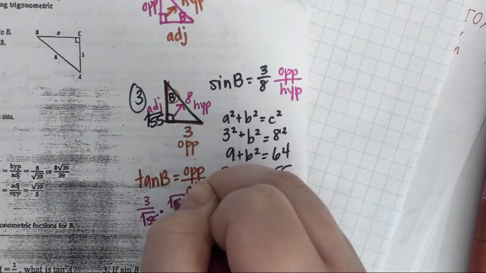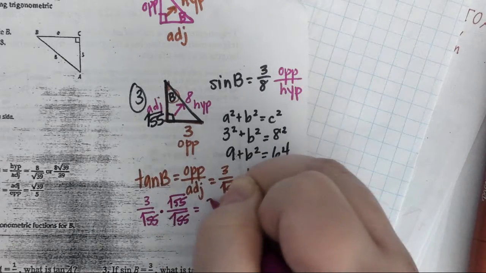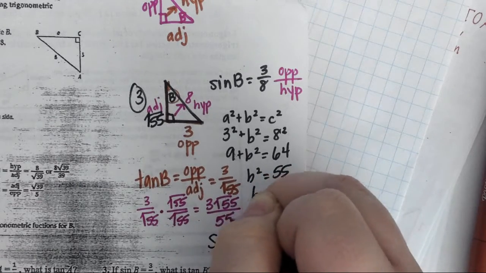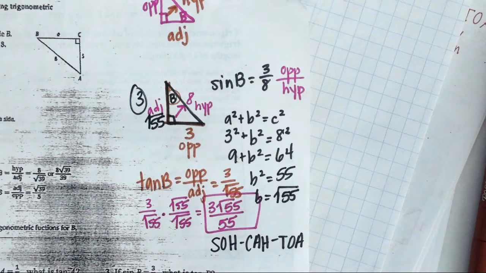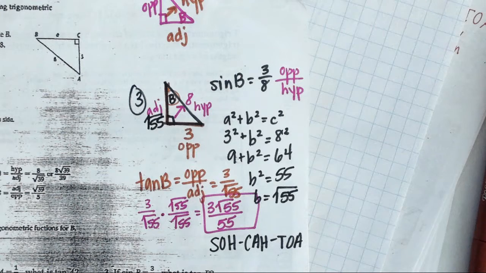You multiply, but does anyone remember the word as to what we're doing? We're multiplying by the square root of 55 over the square root of 55. We're blanking the denominator. It started with an R. We're rationalizing the denominator.